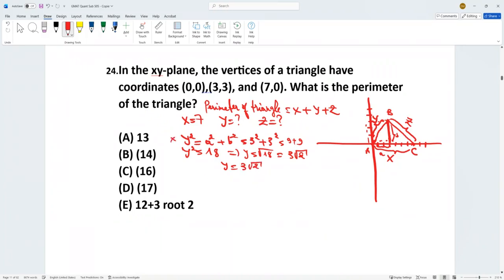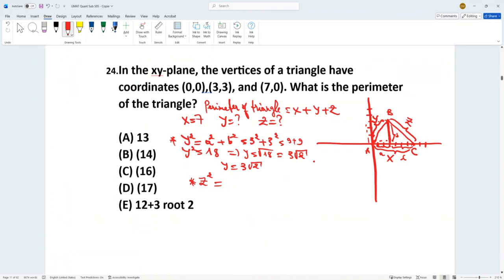We are going to do the same thing for the value of z. If we need to find the value of z, this other side here as well is a right angle triangle. So here I'm going to call it small c, like this. And z here is going to be considered as the hypotenuse.